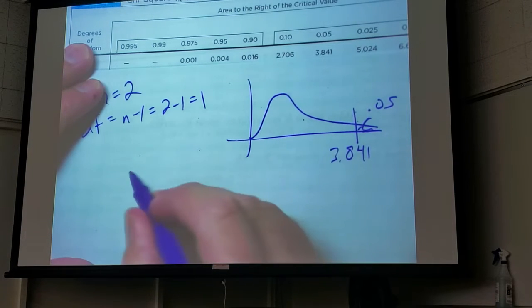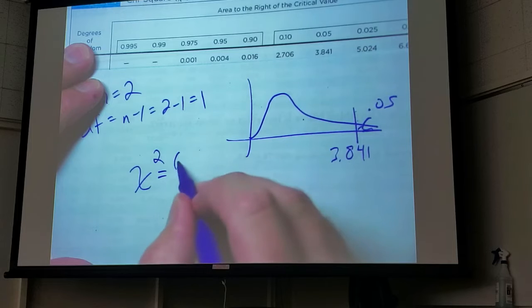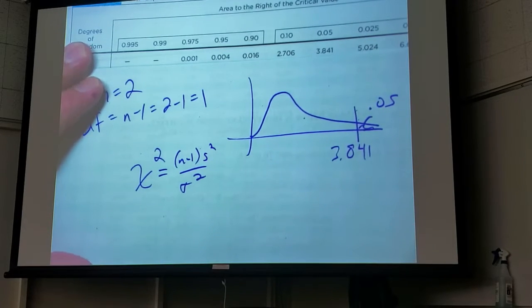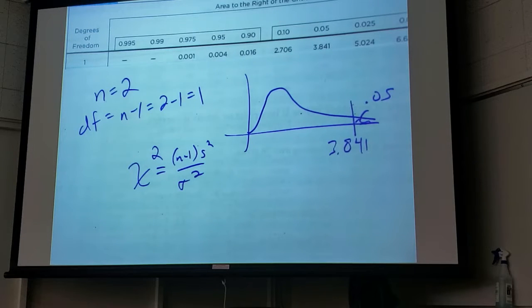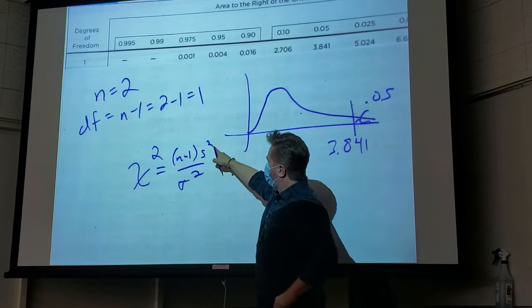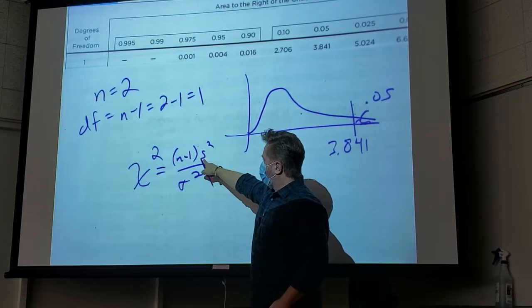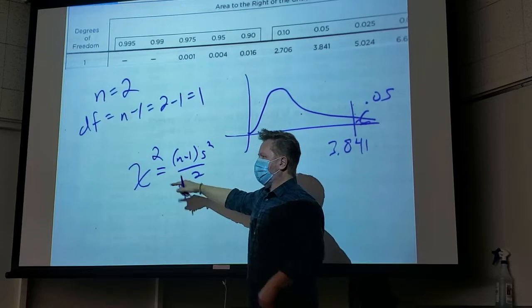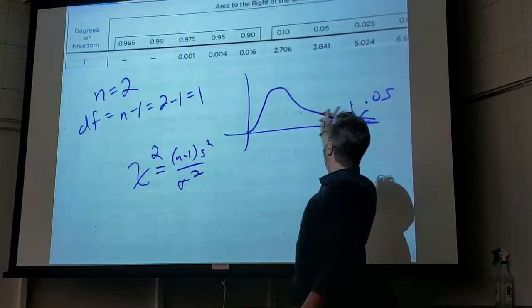Remember that one definition of this is this. So the probability that I would pick a sample of size 2 where the standard deviation I get, when I square it and I divide it by the variance, I get 3.841. That's got a 5% chance of happening.